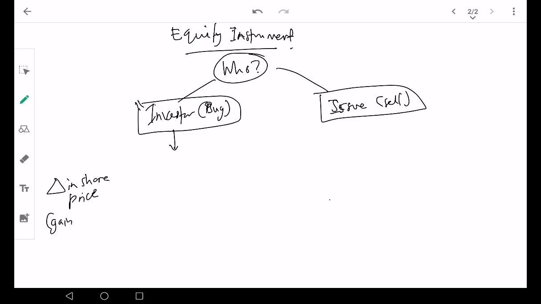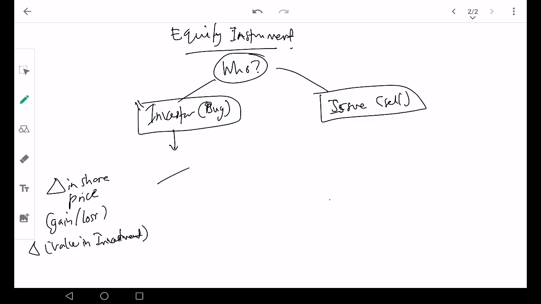So what I want to say here is, when there are any changes in your share price, or any gain and loss on the investment, before this I have taught you investment in debt instrument. Although you invest in debt instrument, you can still consider it an investment in financial asset. If you invest in shares, it is also the same, an investment in financial asset, but focusing on equity instrument. So the gain and the loss, changes in the value of the investment.